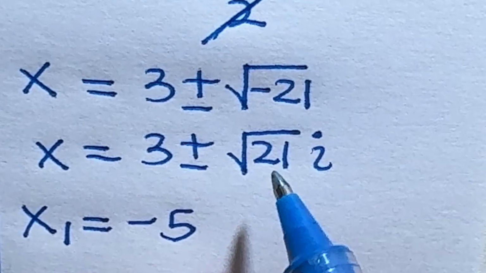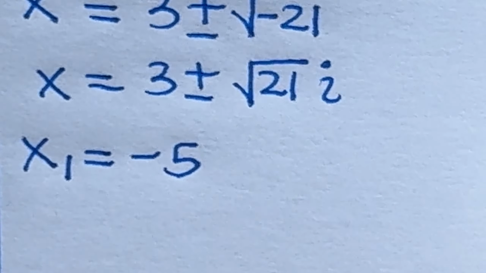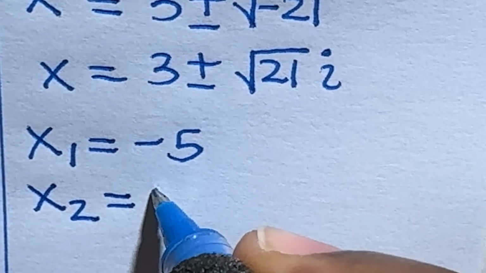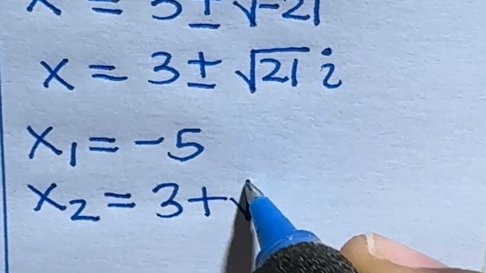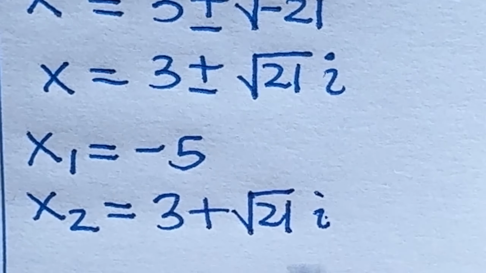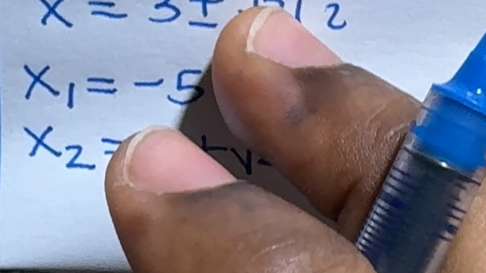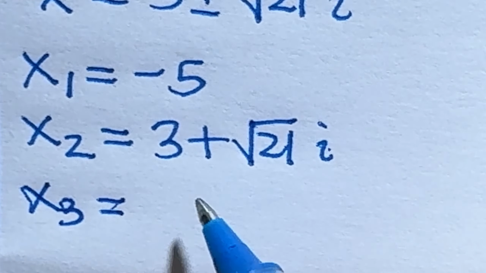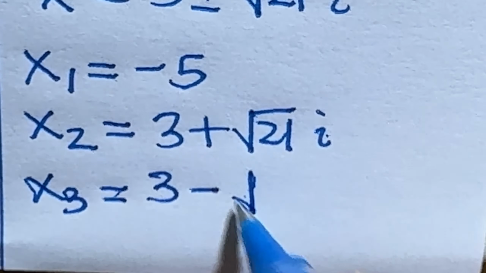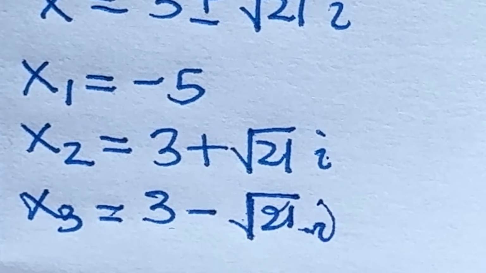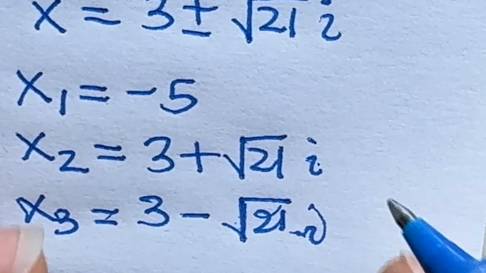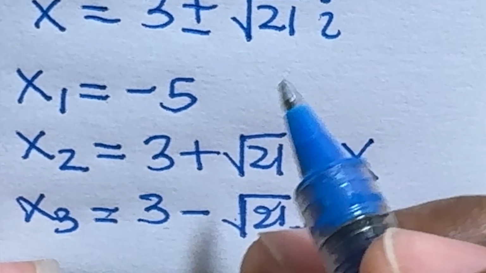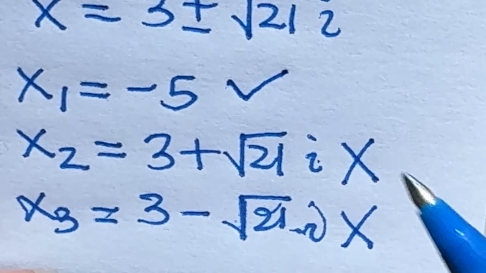If we split this into two different solutions, then x2 will be 3 plus root 21i, and then x3 will be 3 minus root 21i. So because the last two solutions are imaginary solutions, there's not much we can do with them. So our approved solution will be x is equal to minus 5.